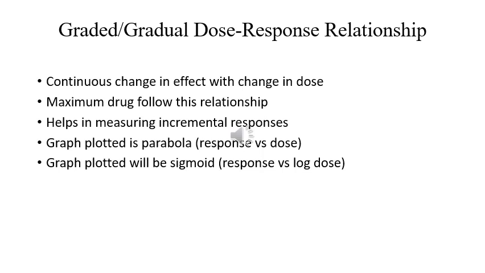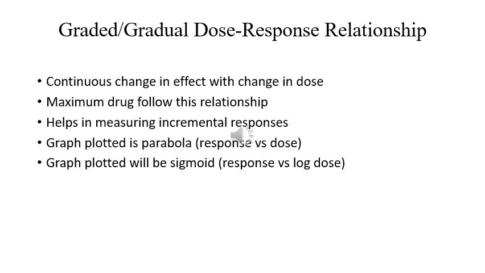If we want to plot this on a graph, a simple plot of response versus dose, in which on the x-axis there is dose and on the y-axis we take the response, will give us a curve which is a parabola, and the origin of that parabola is at 0 on both the x-axis and y-axis.